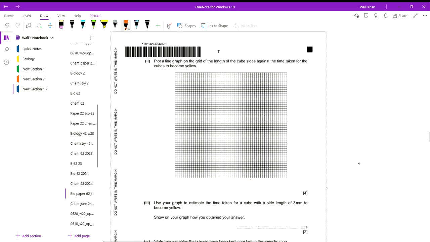Plot a line graph on the grid of the length of the cube side against the time taken for the cube to become yellow. We have to plot a graph.